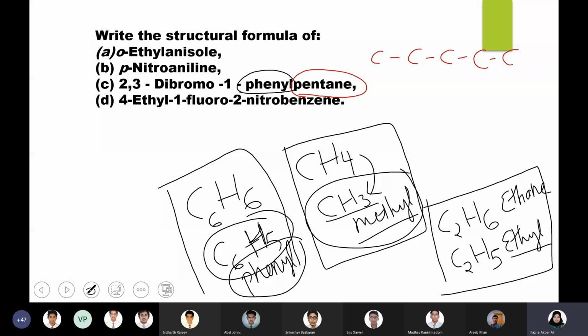On the first carbon atom, you have a phenyl group. That means there is a benzene ring. You can either write C6H5 or draw a benzene structure, it's up to you. On the second carbon atom, you have a bromine. And on the third carbon atom also, you have a bromine.